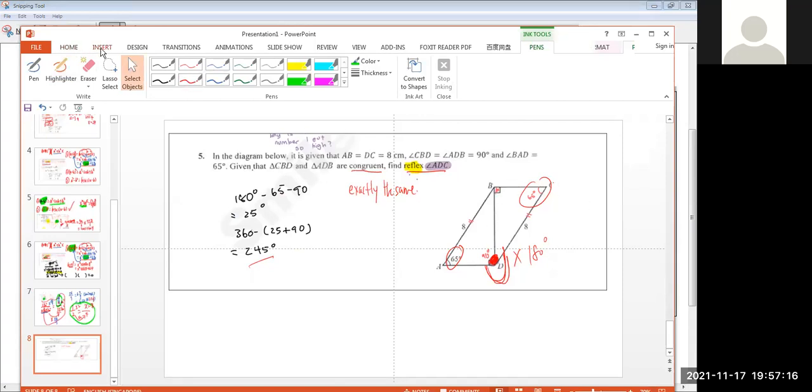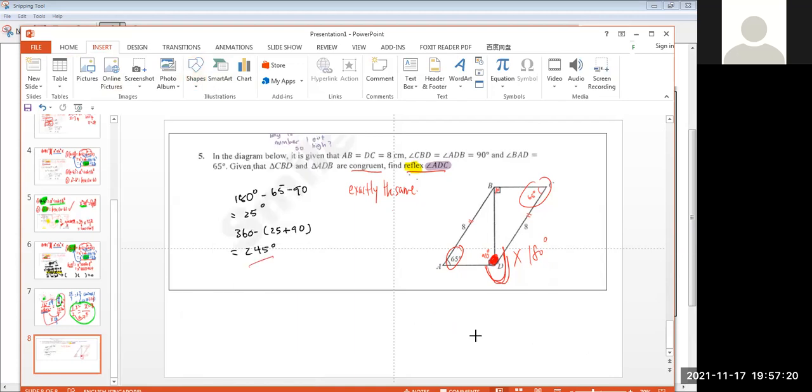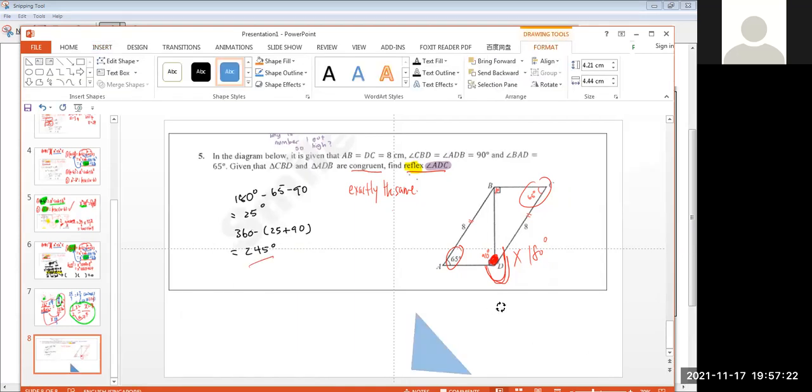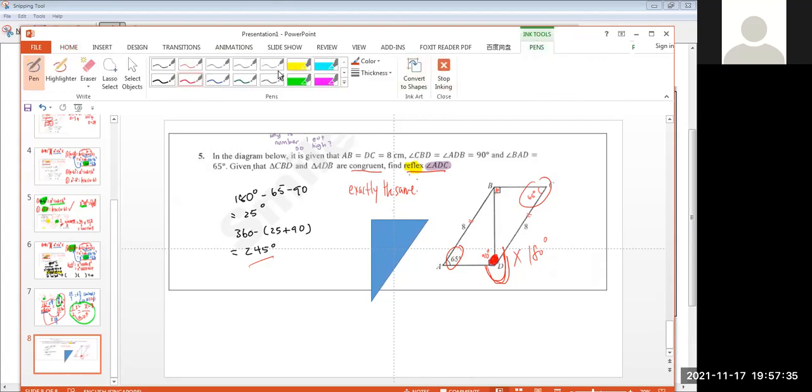I'm going to create a triangle CBD. Okay, this is my CBD, and then ADB.